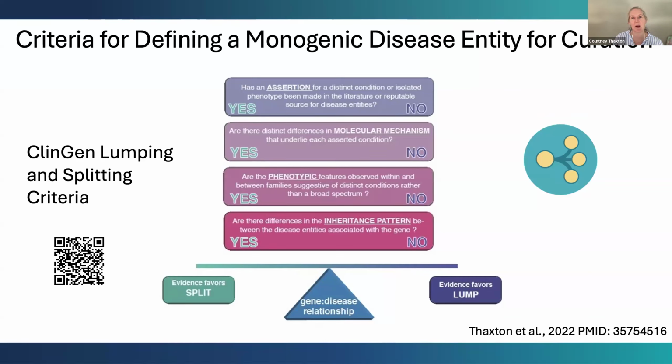Specific transcripts would help us to define that this could be 2 different diseases. But if we're seeing the same variant across multiple different phenotypes, and we're seeing families with those different phenotypes in the same family, that might be rather suggestive that it is a spectrum of disease, and we should call it that, include all the information. We also look at those phenotypic features, as I said, how do they segregate between families and within families, as well as inheritance pattern.